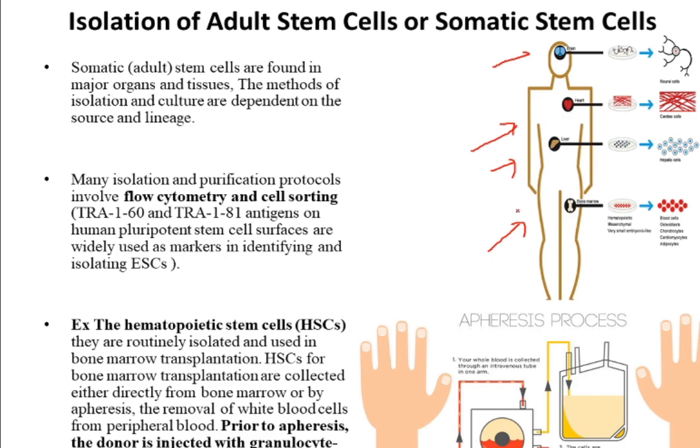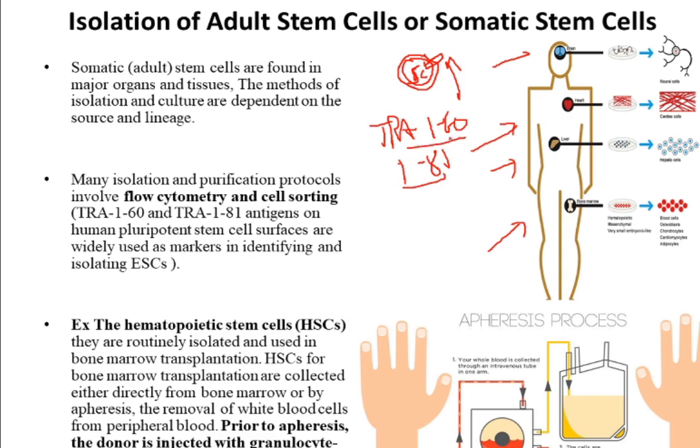But importantly, you should note here that whatever the source is, you have to identify that they are stem cells, and stem cells can be identified by using proteins. If you have studied the plasma membrane, then you must have studied the intrinsic and extrinsic proteins, transmembrane proteins. There are two types of plasma membrane protein called TRA 160 and TRA 181.